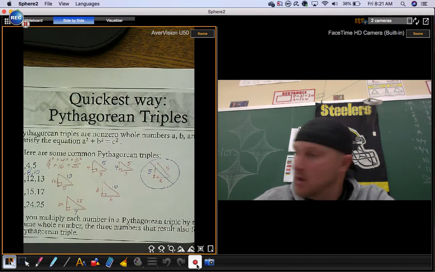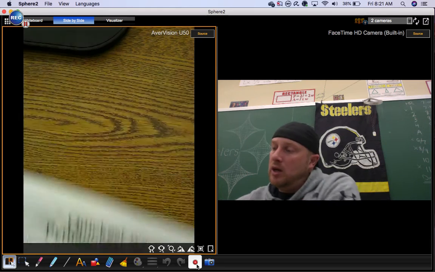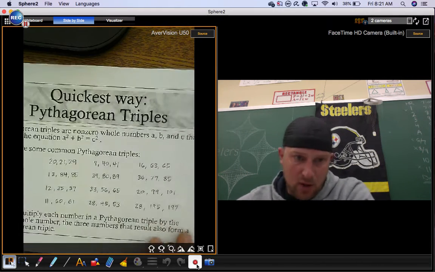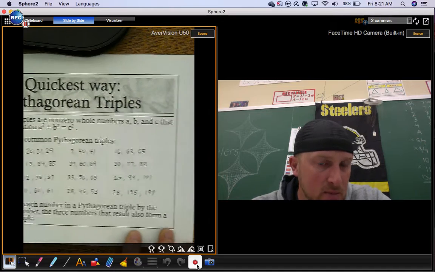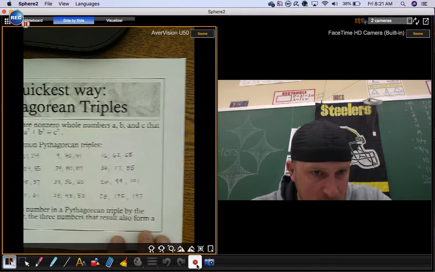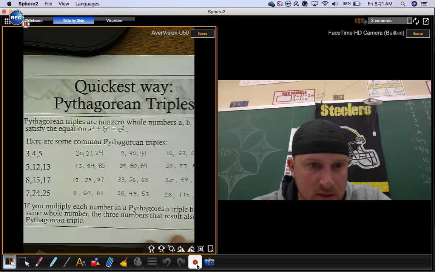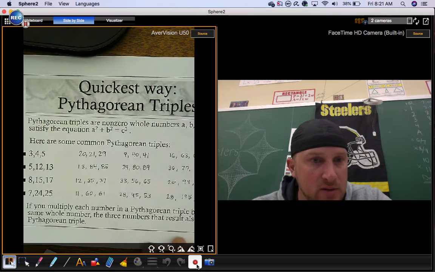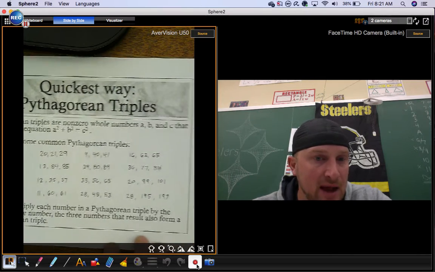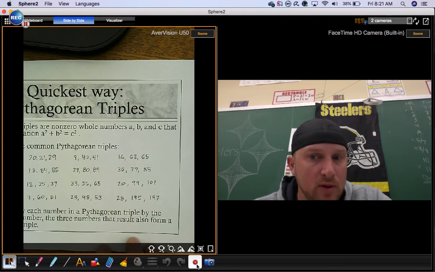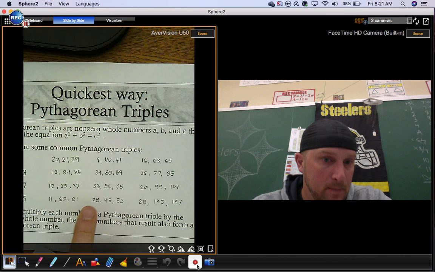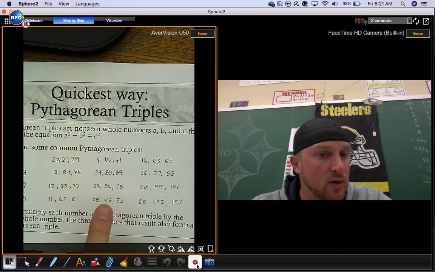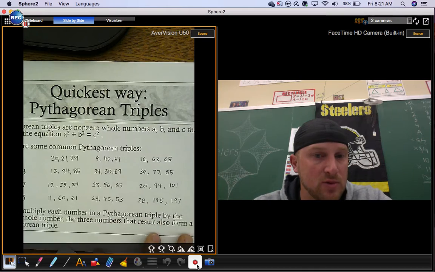Okay? Now, here are most of the common triples that you're going to encounter, and these are all different. They are not multiples of each other. This is attached in channel 6.6 as a PDF file, so you should probably print this out and have this in front of you when you're working with your Pythagorean theorem, because if you notice two of these numbers in a right triangle, then you can apply your triples.